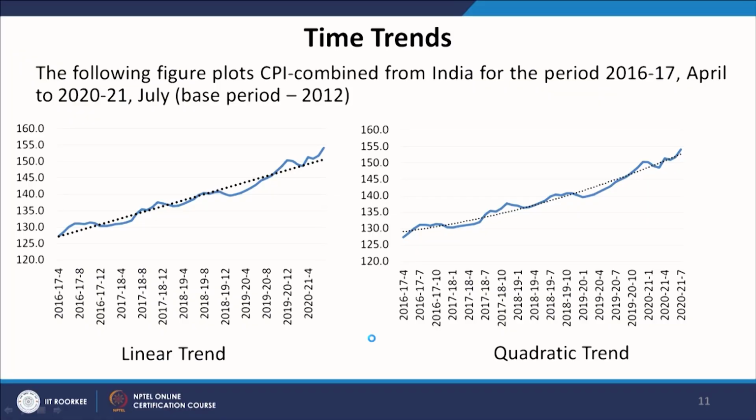So, we now take an example. The following figure plots CPI combined from India for the period 2016-17 April, these are monthly figures, to 2020-21 July with the base period 2012. So, we have plotted one linear trend and one quadratic trend.